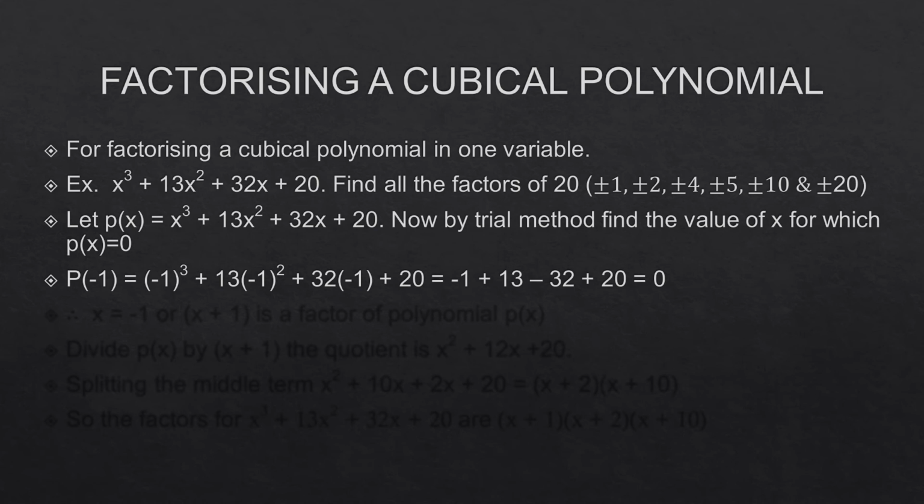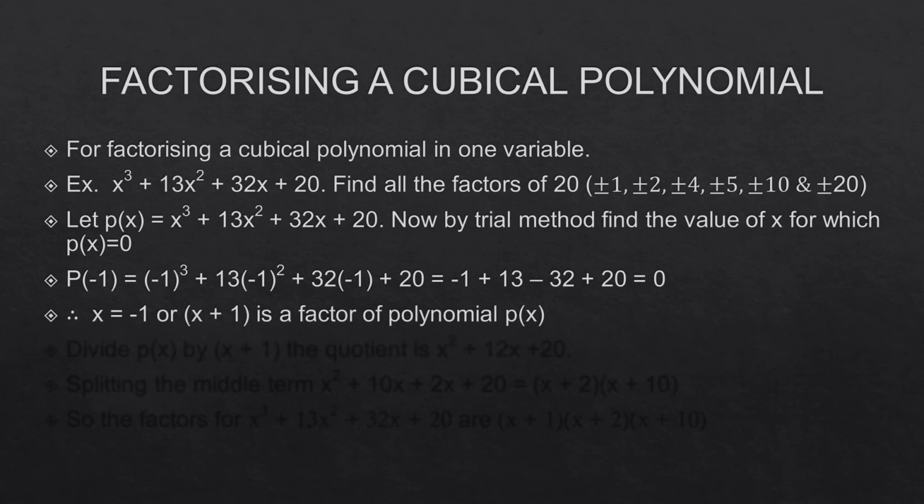If you put in minus 1, the whole expression becomes 0. As you can see, minus 1 cube plus 13 into minus 1 square plus 32 into minus 1 plus 20 is equal to minus 1 plus 13 minus 32 plus 20, which equals 0. So minus 1 is a zero.